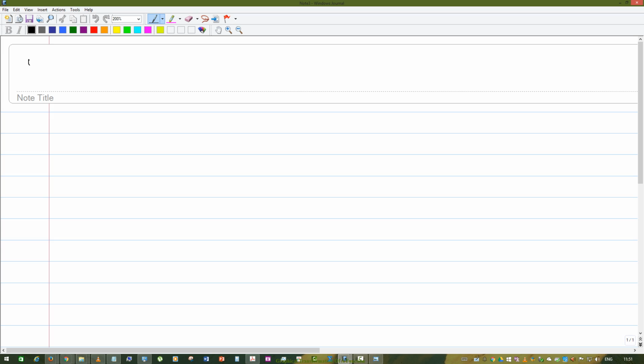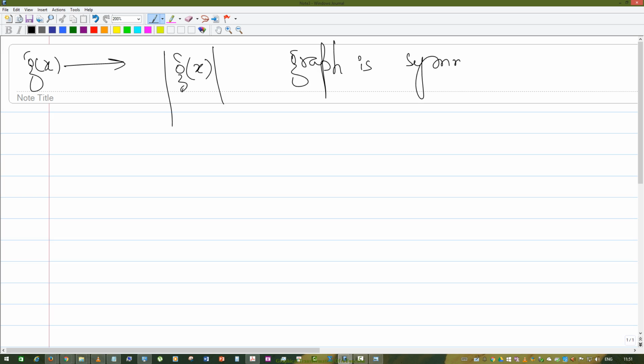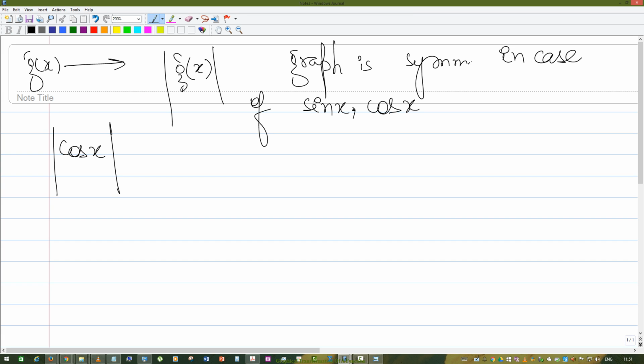In transformations from a function g(x) to mod of g(x), the graph is not always symmetrical, but it is in the case of sin x and cos x. So this is the homework for you: draw me the curve of cos x. I'll check your answer, and I hope you do it correctly, because the transformation is very easy.